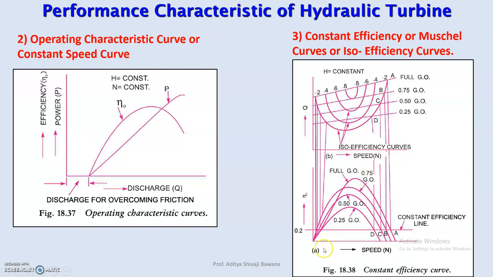Let us say this is 200 speed and this is 400 speed. So for 200 and 400 speed both have the same value of efficiency, that is 0.4 and 0.4, that is 40% and 40%.